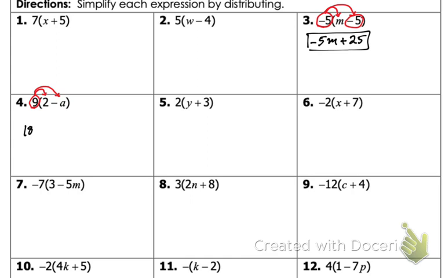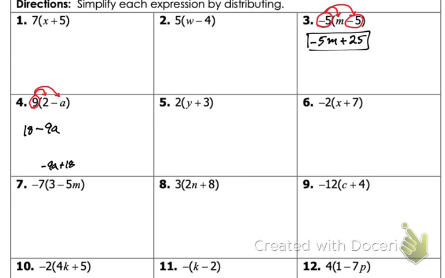So you see this negative here? We should have a negative here. 9 times a is just 9a, so I'll have a negative 9a. You may have written this as 9a plus 18, but you don't need to do that. If that's confusing you, don't do it.